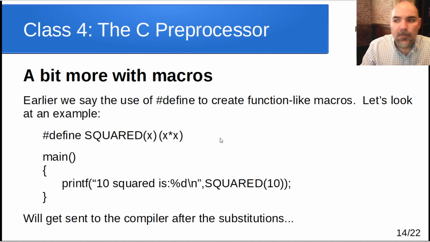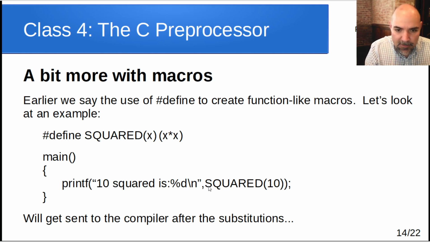And it's important to note that these aren't really like functions that get called. So here's an example. We're using #define SQUARED(x), and after that we have (x * x). So what that's going to do, remember, is anytime we use this SQUARED macro, it's going to do a substitution where it cuts that out.